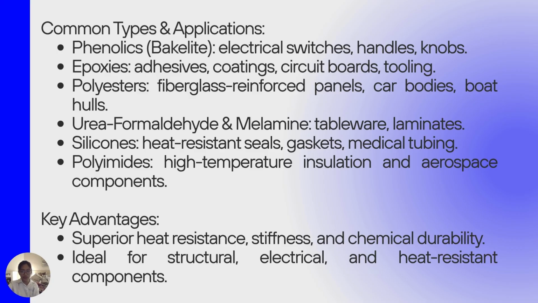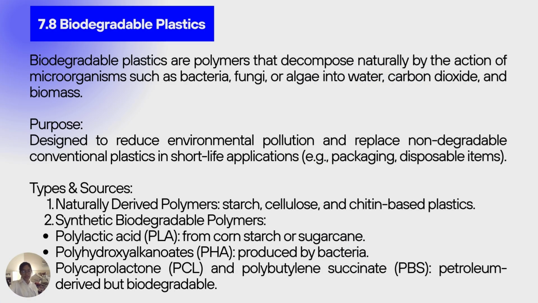Silicones, unique for their thermal stability and flexibility at high temperatures, used for seals, gaskets, cooking coatings, and medical devices. And lastly, polyimides, high temperature resistant thermosets used in electrical, aerospace, and insulating films. Each of these highlights how thermosets are chosen where performance under stress, heat, or chemicals is more critical than recyclability or flexibility.